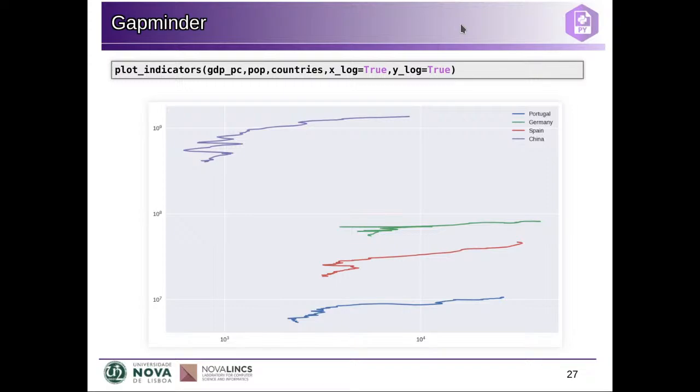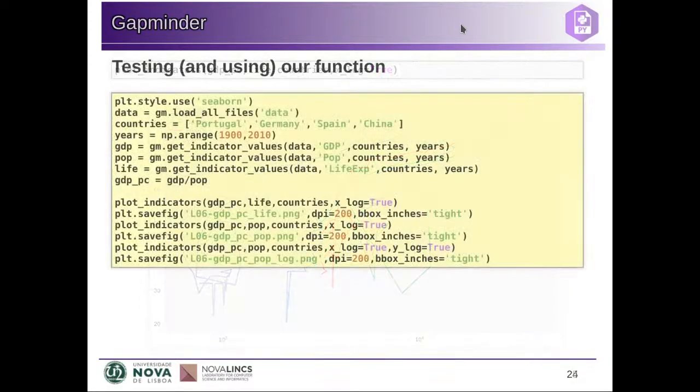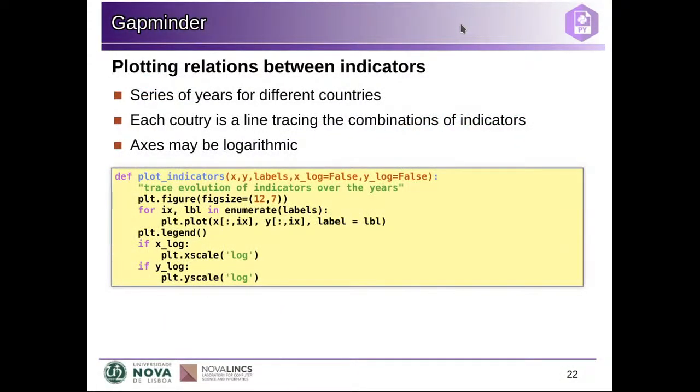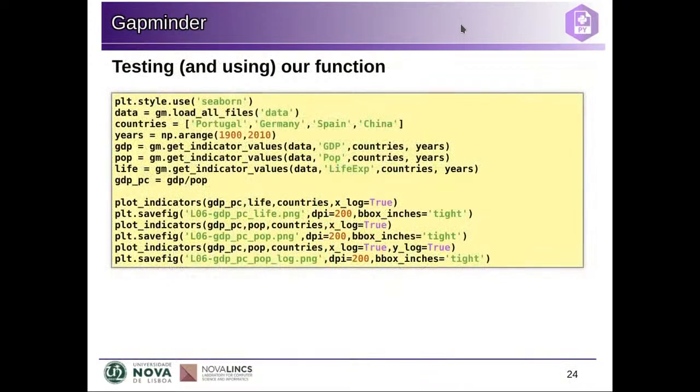Okay, so this is an example of this idea where we create an auxiliary function to do the plot the way we want. Everything about the plot is set up here. And now we just call the function with whatever values we want, and we get plots that are consistent in their look, and they're easy to create because we don't need to be writing the code every time we need a new plot.